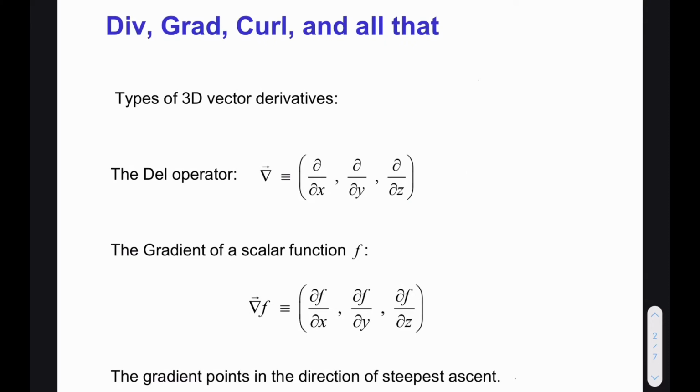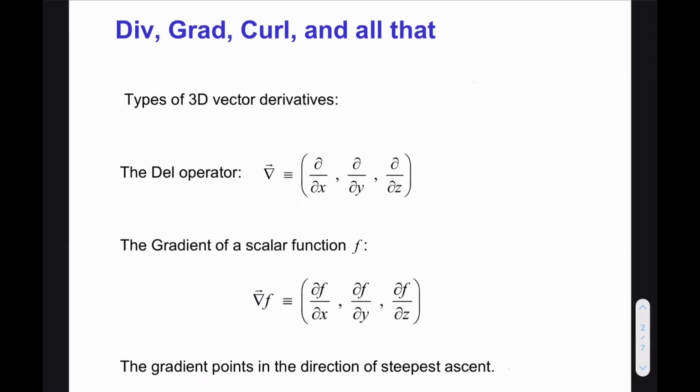Now, when this del operator works on a scalar function, we get the gradient of that scalar function. So, the gradient of the scalar function f is defined to be this quantity. And as you can see, this is a vector quantity, so it has a direction, right? This gradient points in the direction of the steepest ascent or the steepest rise.